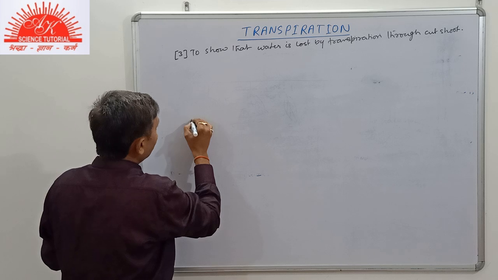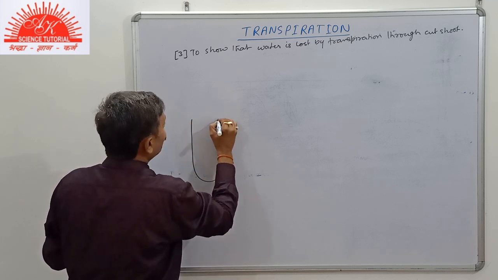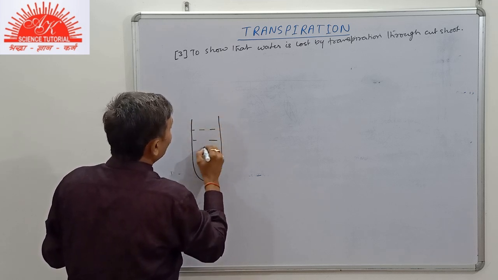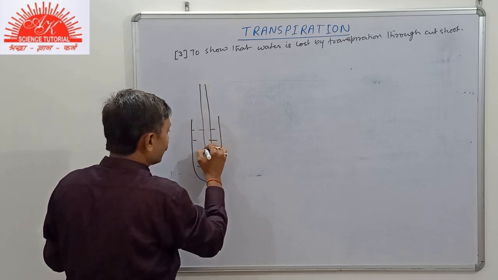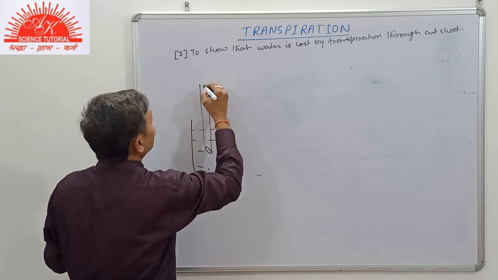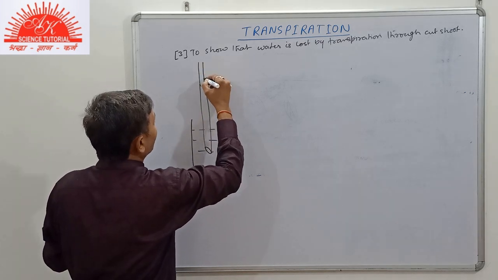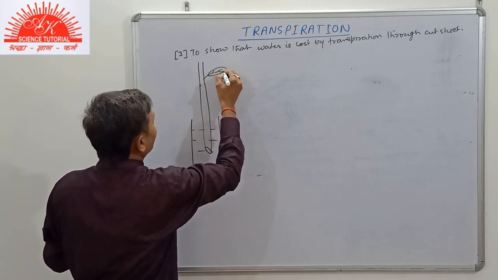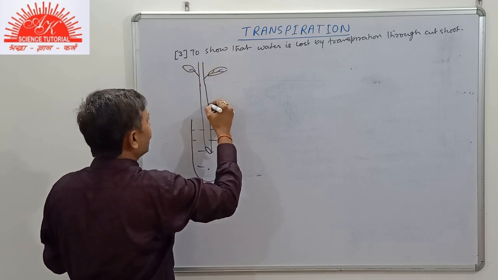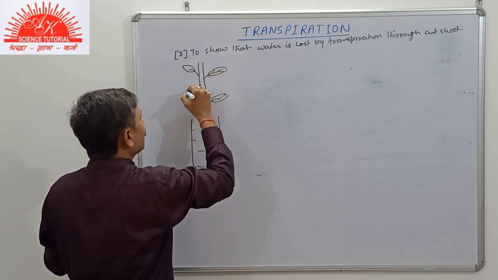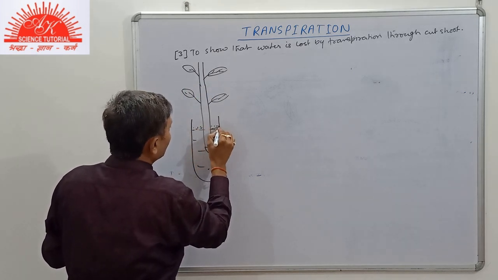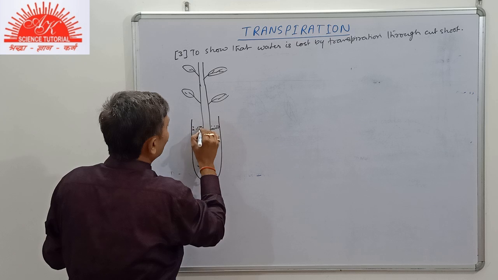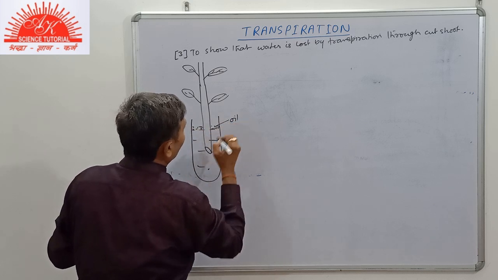So in this part we see that we cut a small twig with the help of sharp knife obliquely, and then it is placed in tube containing water. Now on the surface of this water we also place oil.